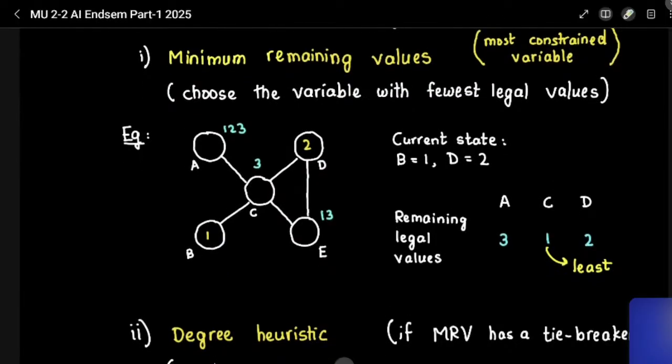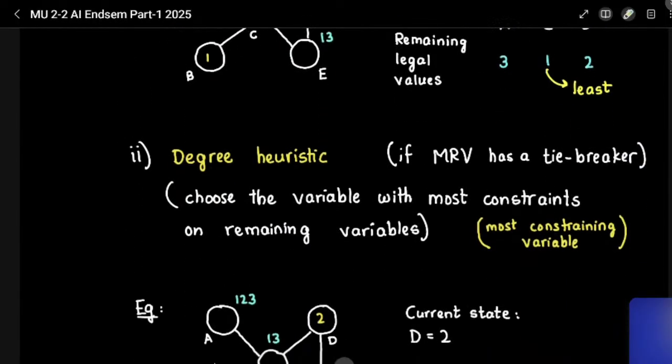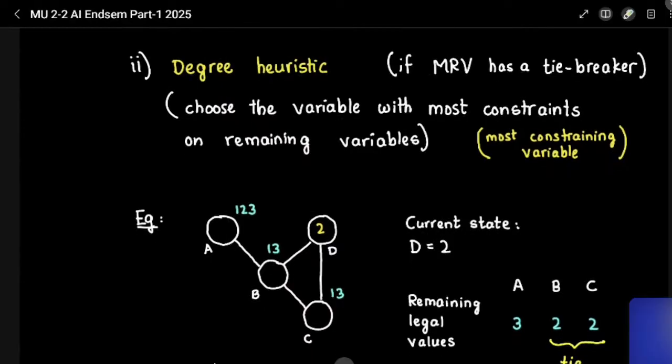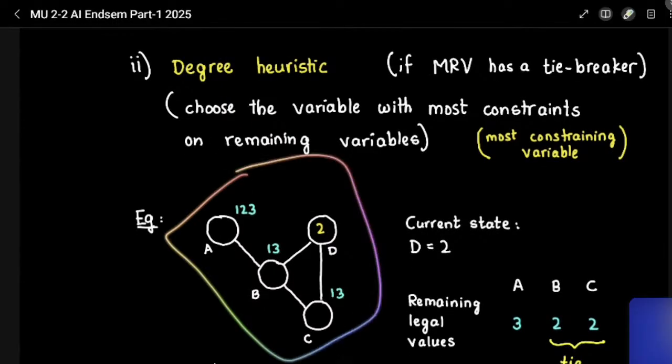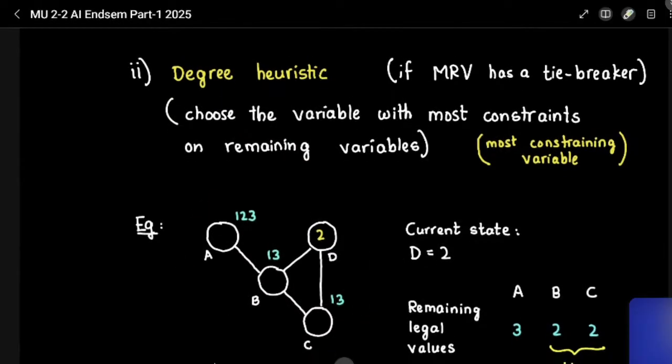But there are cases where this will not always work. For example, if you look at this example, if you look at the unassigned nodes, A has 3 remaining values, B has 2 remaining legal values, and C has 2 remaining legal values. If you see, there is a tie break.